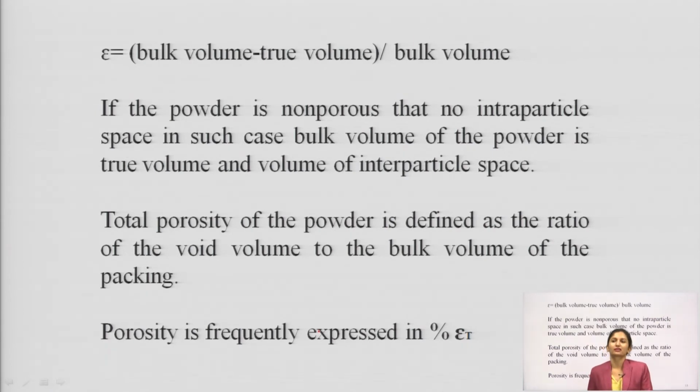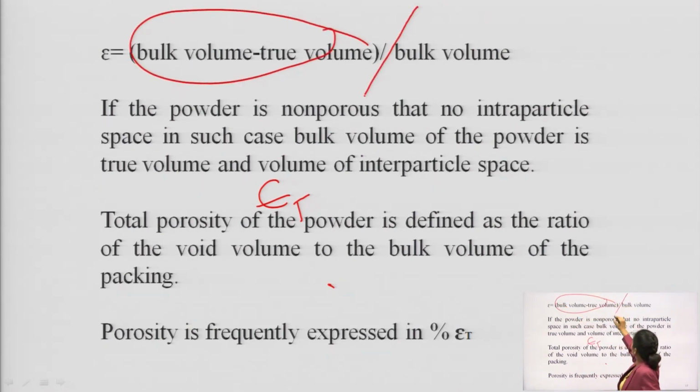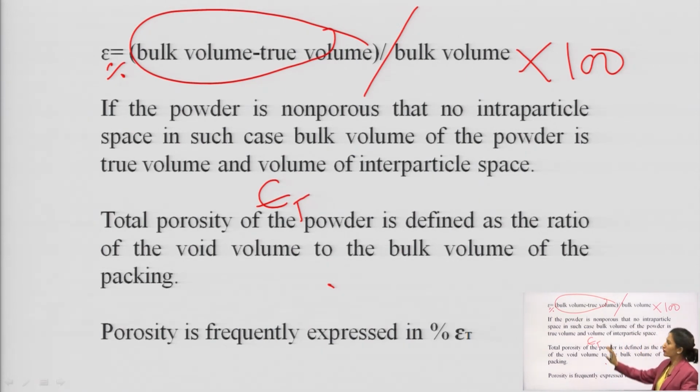Total porosity is represented by epsilon T. Total porosity of the powder is defined as the ratio of the void volume to the bulk volume of the packing. This gives void volume divided by bulk volume, and if it is multiplied by 100, then it becomes the percentage porosity.